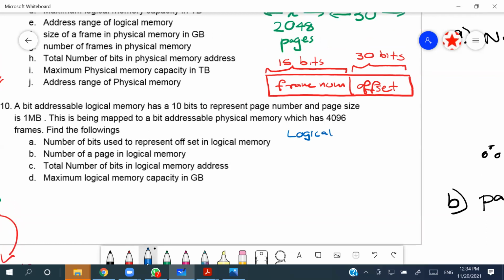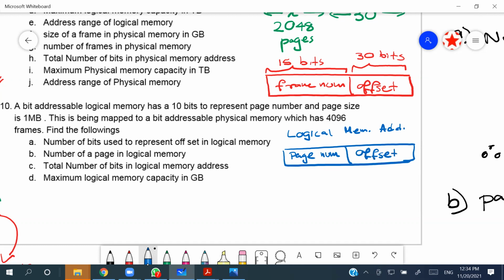This is the logical memory address. So it has page number and offset.